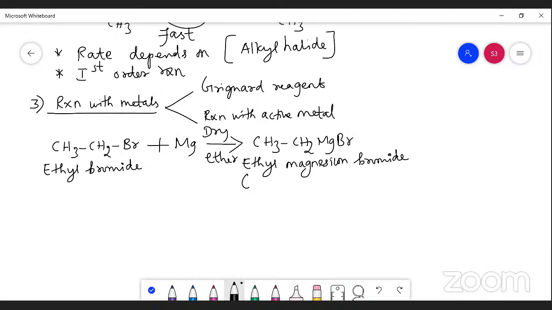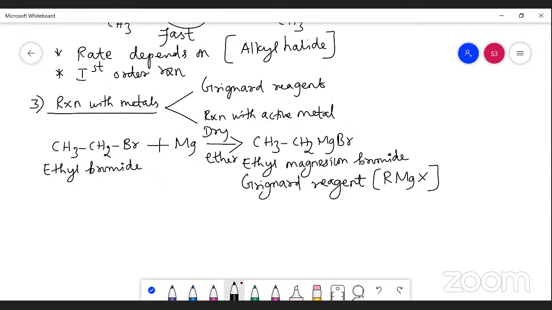This is called a general Grignard reagent. You may ask, is only ethyl magnesium bromide a Grignard reagent? No. Instead of ethyl, you can take R, R Mg X, any type of alkyl group. This is called the Grignard reagent. So, ethyl magnesium bromide.